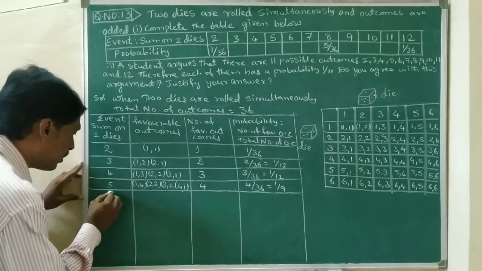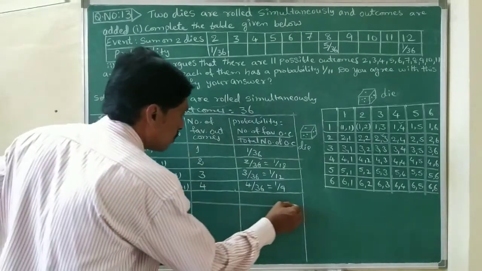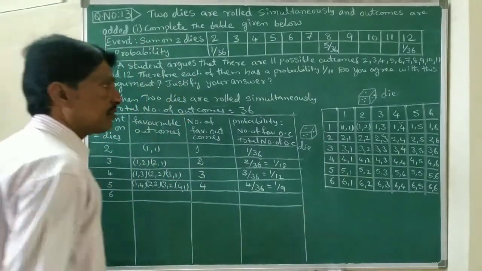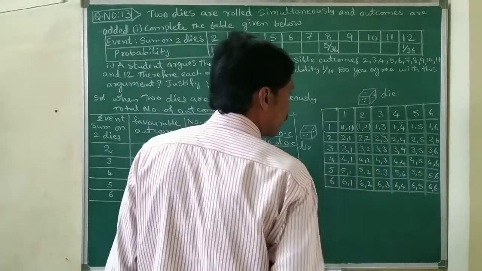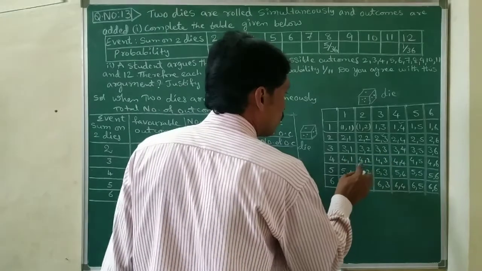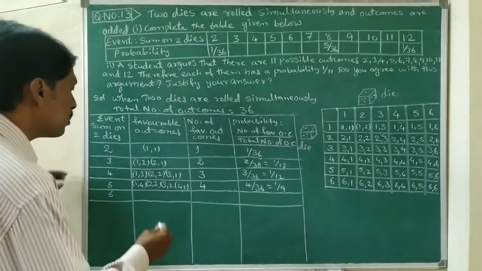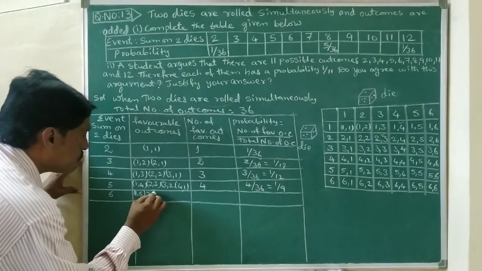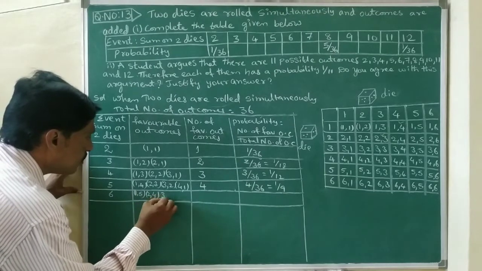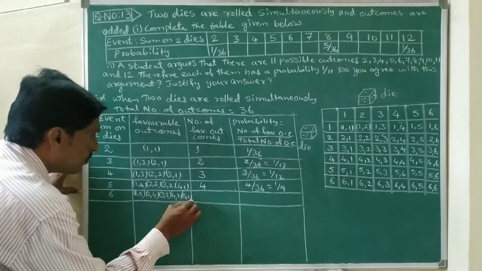Next, 6. 6 we need to find. 6 means here 1 plus 5 is 6, 2 plus 4 is 6, 3 comma 3 is 6, 4 comma 2 is 6, 5 comma 1 is 6. All favorable outcomes you can write: 1 comma 5, 2 comma 4, 3 comma 3, 4 comma 2, 5 comma 1.